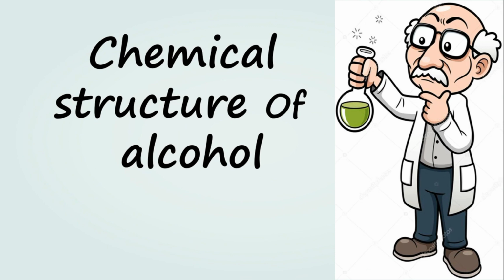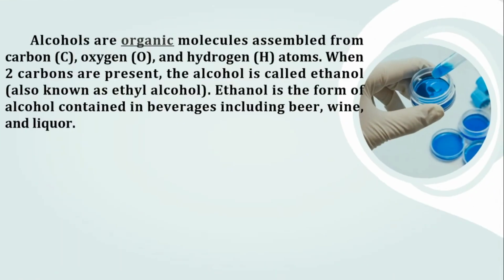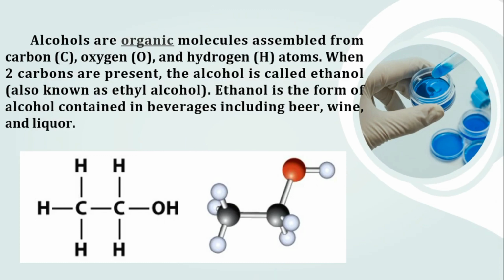Okay, chemical structure of alcohol. Alcohols are organic molecules assembled from carbon, oxygen, and hydrogen atoms. When two carbons are present, the alcohol is called ethanol, also known as ethyl alcohol. Ethanol is the form of alcohol contained in beverages including beer, wine, and liquor.